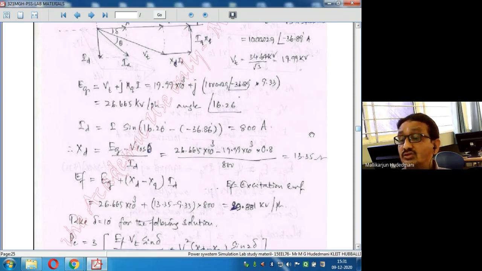XD was found to be 13.35, and XQ given in the problem is 9.33. When I take the difference and multiply with the direct axis component of the current, 800, I get 29.881 kV per phase, because I am working on the three-phase machine per phase.